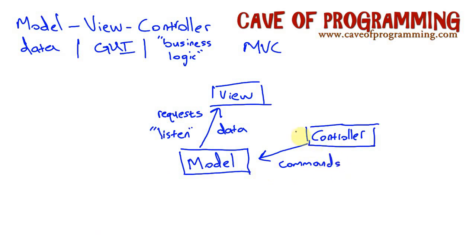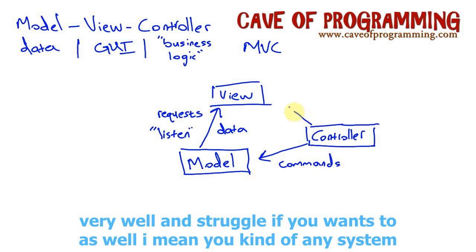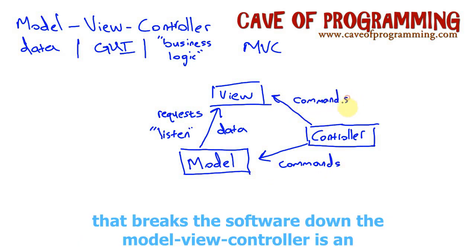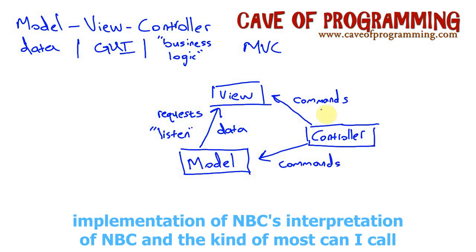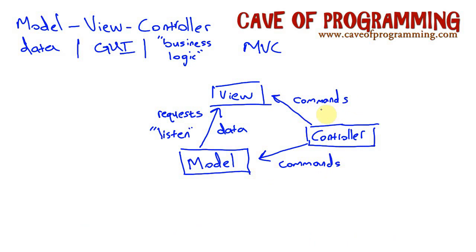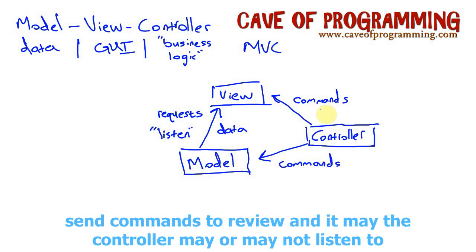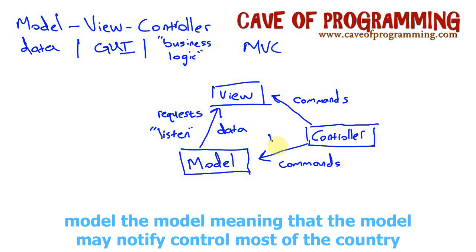And the controller may very well instruct the view what to do as well. I mean, you could kind of argue that any system that breaks the software down into model view controller is an implementation of MVC. It's an interpretation of MVC. But in the kind of most canonical interpretation, the controller is going to send commands to the model, and it's going to send commands to the view. And the controller may or may not listen to the model.